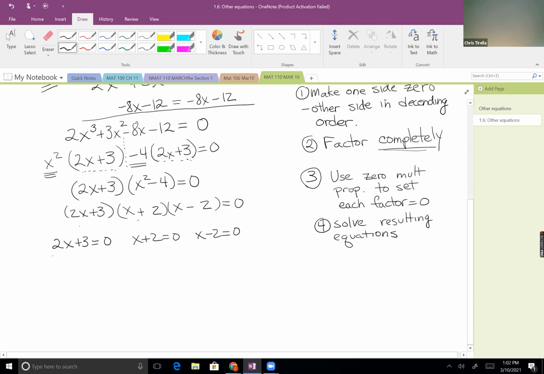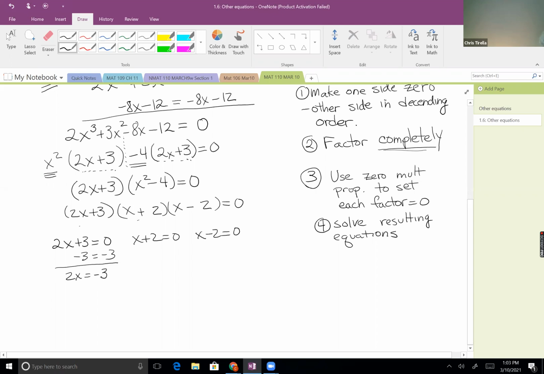Oh boy, so how are you going to solve 2x plus 3 equals 0? Any ideas? Subtract 3 from both sides, beautiful, gives me 2x equals -3.